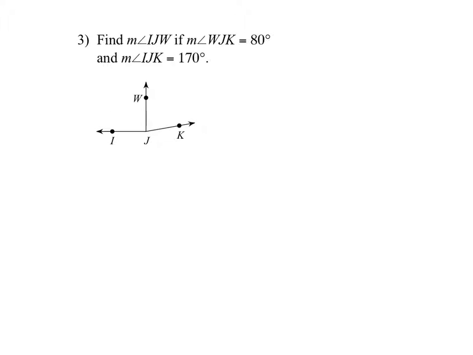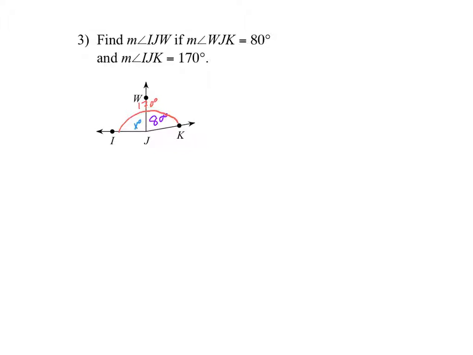Okay, so the next one, angle IJW is the one that I want to find. So let's write x there. WJK is 80 degrees, and the entire angle, this big angle IJK, is 170.